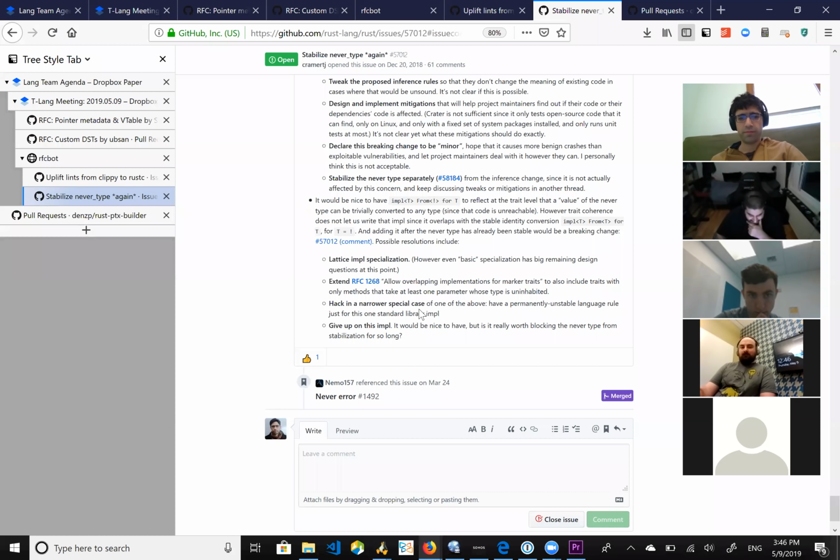Wasn't one of the things we could do to simply reserve the thing somehow? With some work, we could prevent you from implementing the conflicting impl for the time being, or make them unstable, for example. Yeah, I think that would be nice. I would be okay with that. It's not optimal.